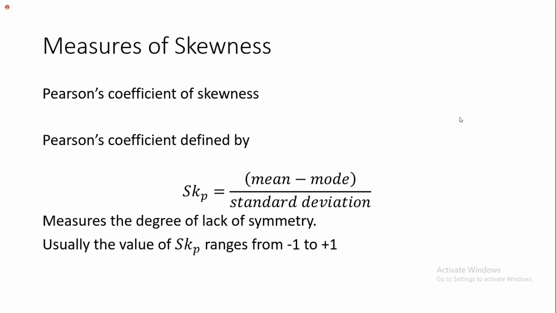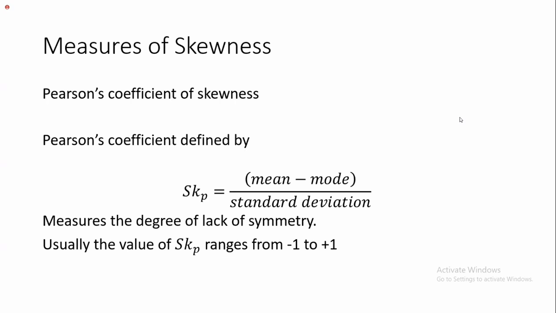But if we have a skewed one, either positive or negative, this coefficient of skewness has a value that ranges from -1 to +1. It's a value in between -1 and +1.